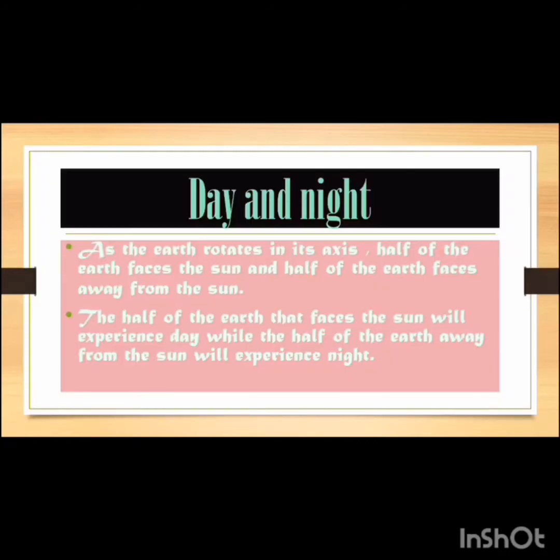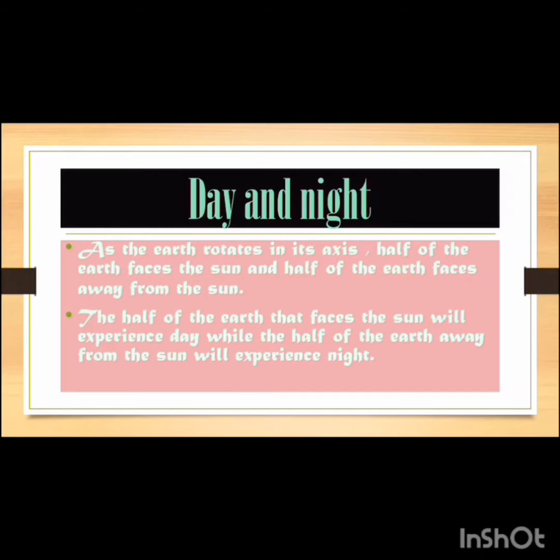As you all know, the earth is a sphere or a ball which spins round and round as it travels around the sun. One side of the earth faces the sun while the other side faces away into space. The side facing the sun is bathed in light and heat. We call this daytime.